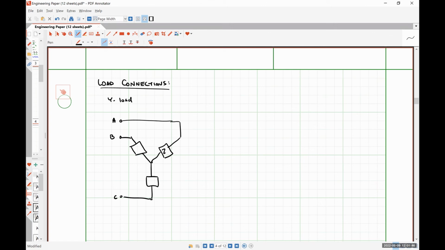Where I'm going to call this ZYA, this guy ZYB, this guy ZYC. We may have a neutral connection, so I'll have capital N there. Another way to represent this would be this guy.